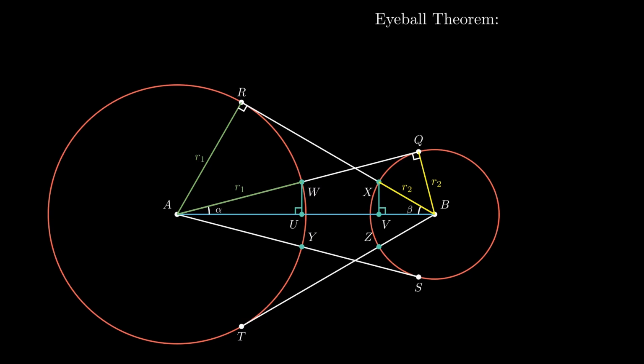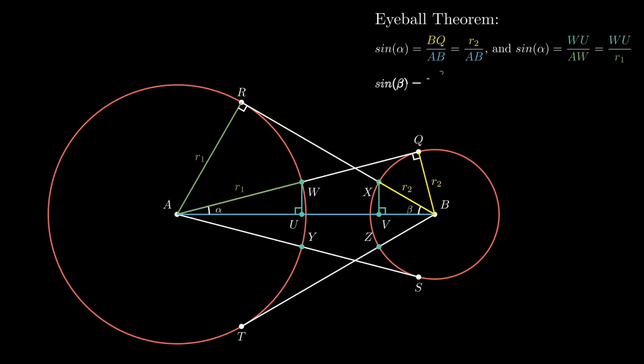Now, once we bring in some sines into this, let's look at angle alpha. Sine of alpha, when looking at triangle BQA, is equal to BQ over AB, or opposite over hypotenuse, R2 over AB. And sine of alpha, when looking at the smaller triangle AWU, is equal to WU over AW.